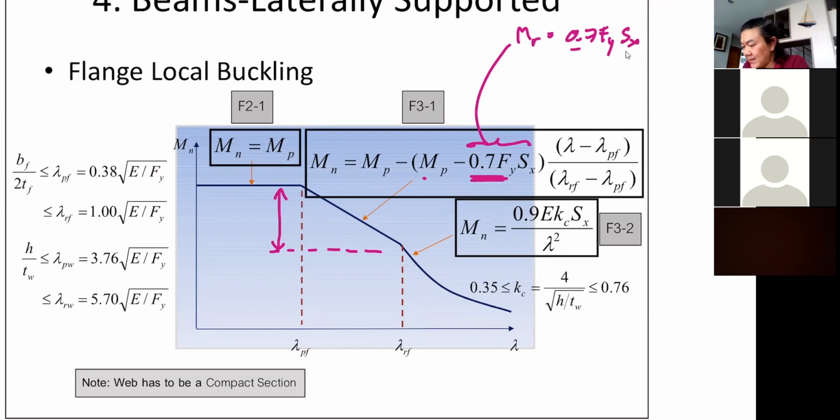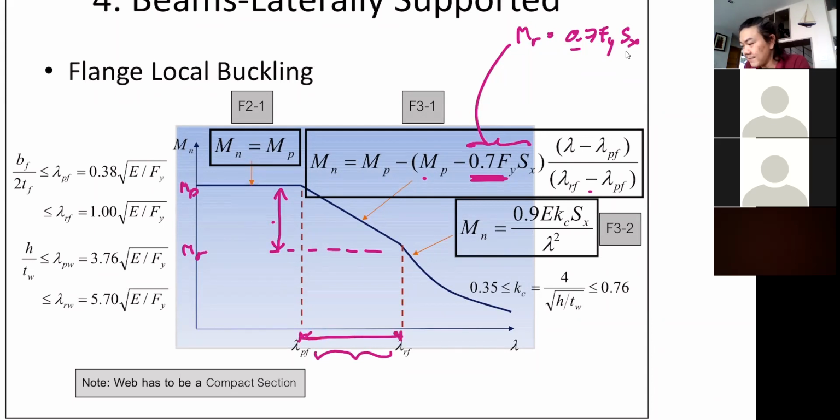So that means this term is just this length, right? This height, Mp minus Mr. This is Mp. This is Mr. So basically, this is that distance. And look at the denominator. Lambda rf minus lambda pf. That becomes that distance, right?